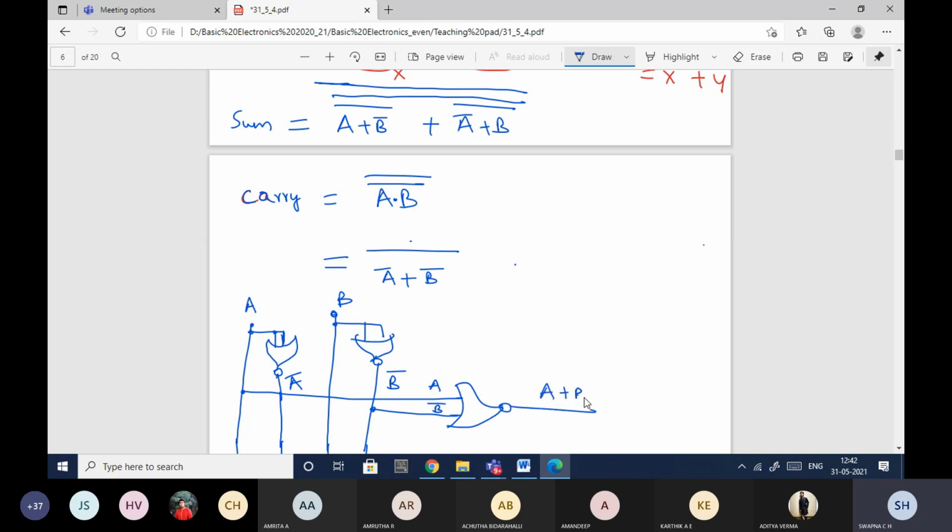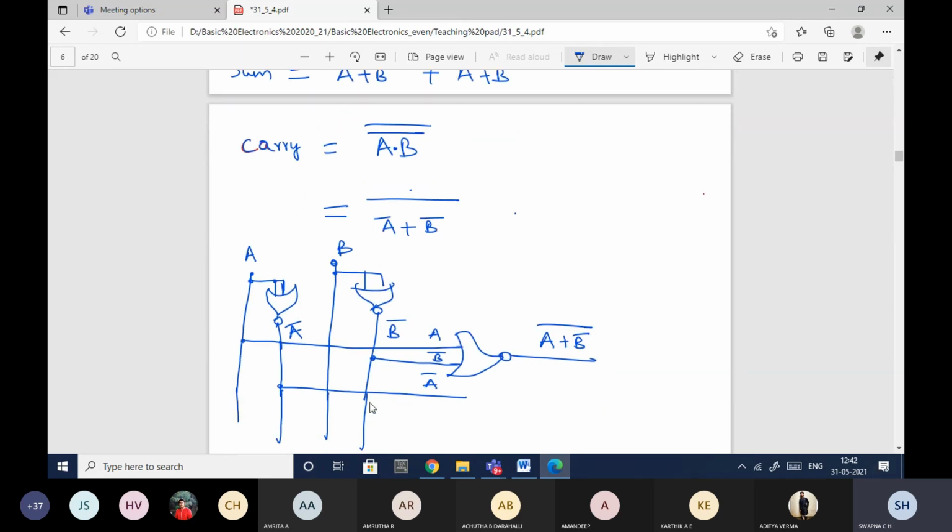So A plus B bar whole bar, this I've got. Now I need to get A bar plus B whole bar. This is my A bar, and this is my B. I need to get A bar plus B whole bar.